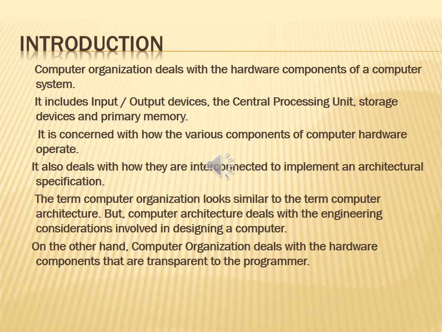It also deals with how they are interconnected to implement an architectural specification. The term computer organization looks similar to the term computer architecture, but computer architecture deals with the engineering considerations involved in designing a computer. On the other hand, computer organization deals with the hardware components that are transparent to the programmer.